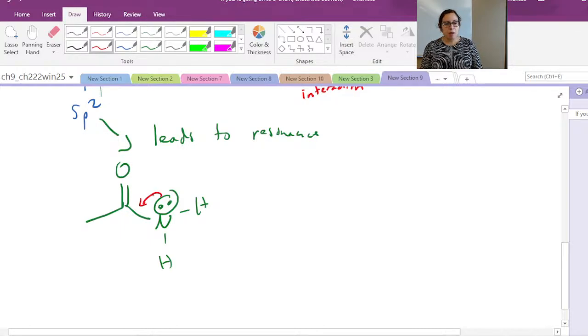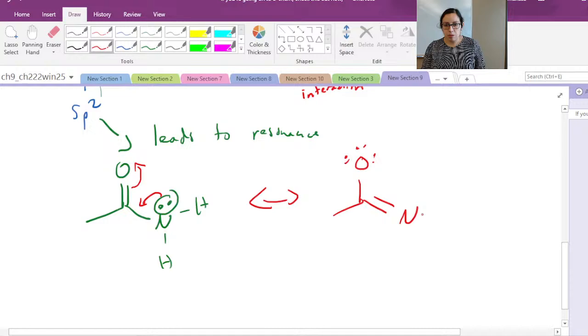So then we'll make that pi bond. But then that'll kick this up to here. And so that's always favorable when you can move electrons around, get reactivity. And so then we'd make something like this. Make sure I have my charges. Oh, negative charge, sorry.